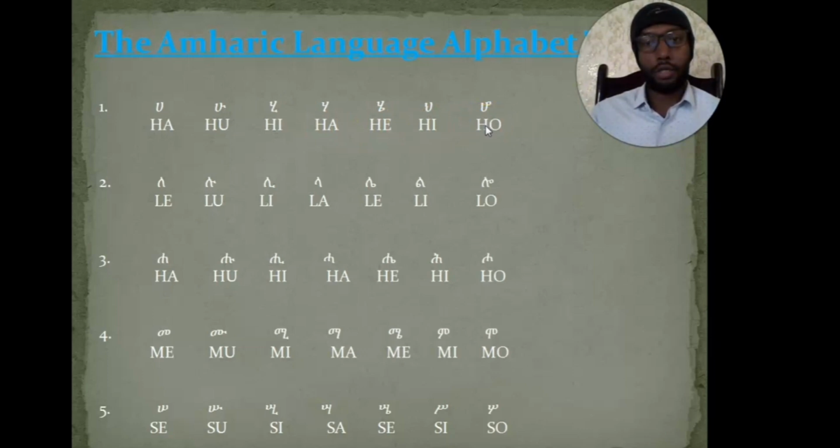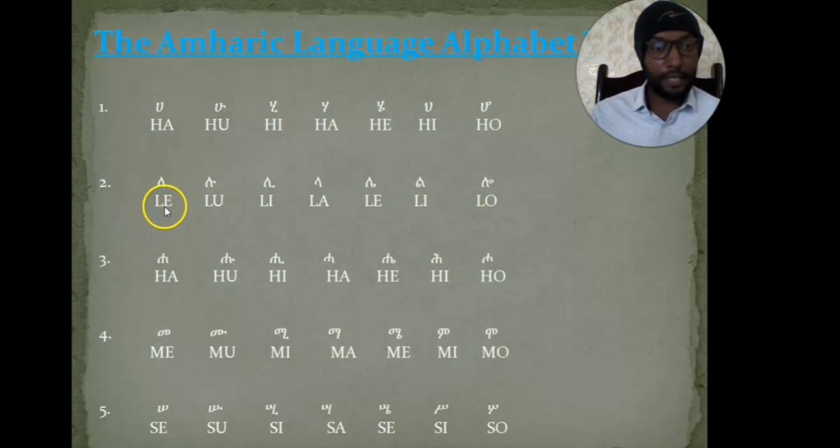Okay? In order to pronounce it, you need to practice that. So the first Amharic alphabet is called Ha, and its subgroups are Hu, then Hi, then Ha, the next one is He, Her, and the last one is Ho.